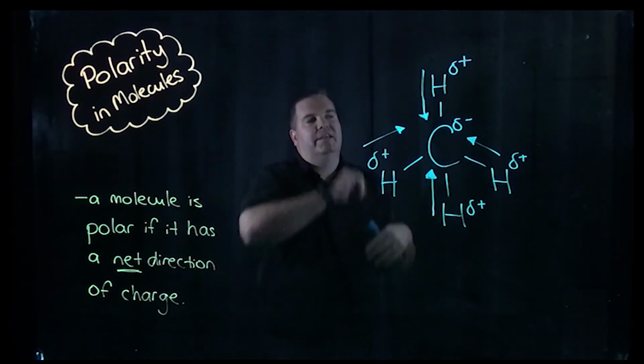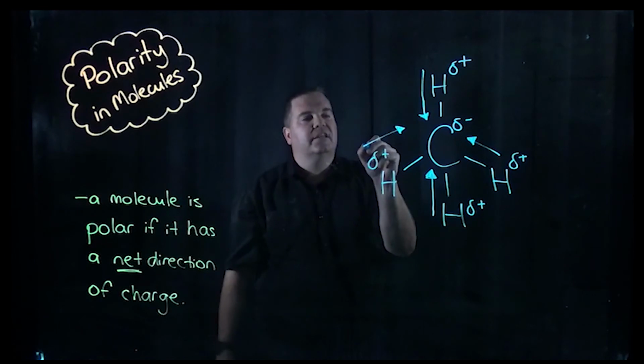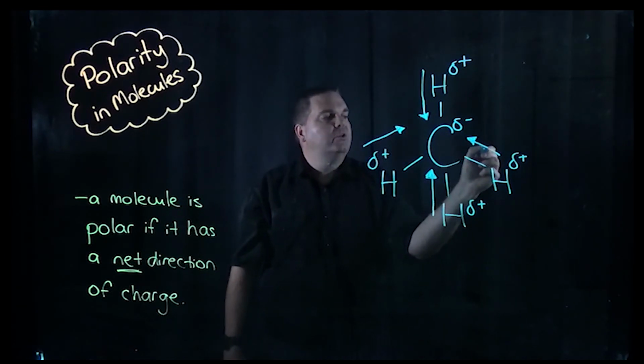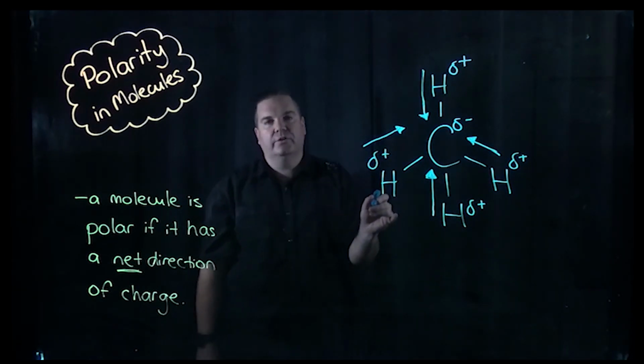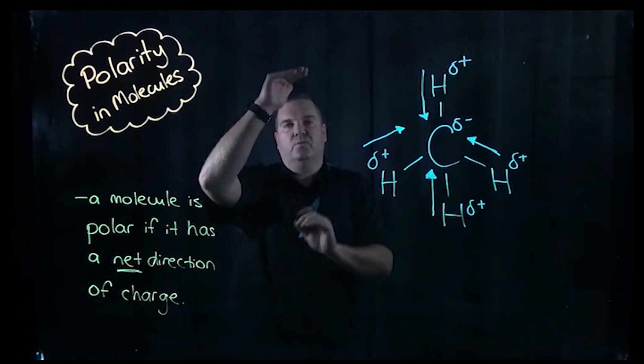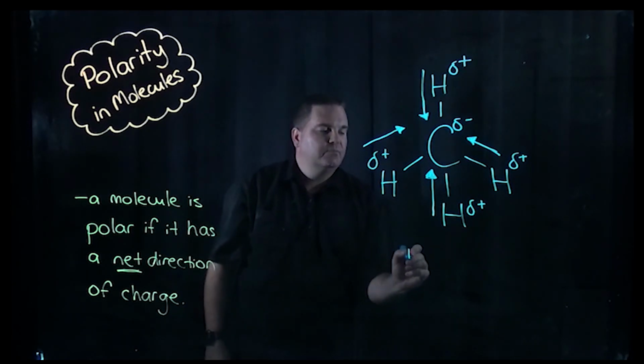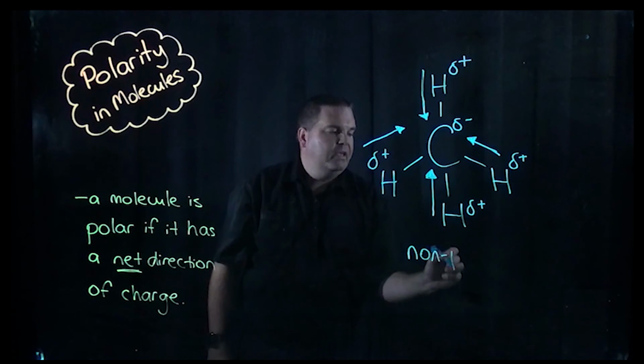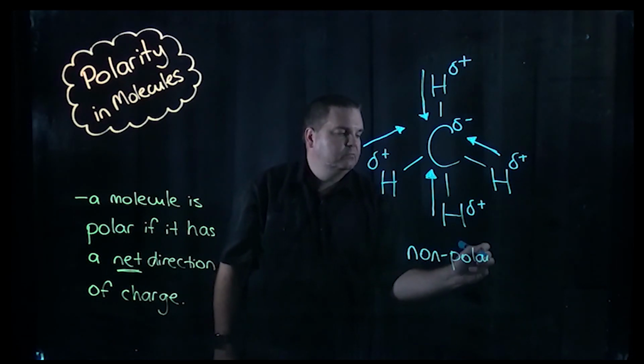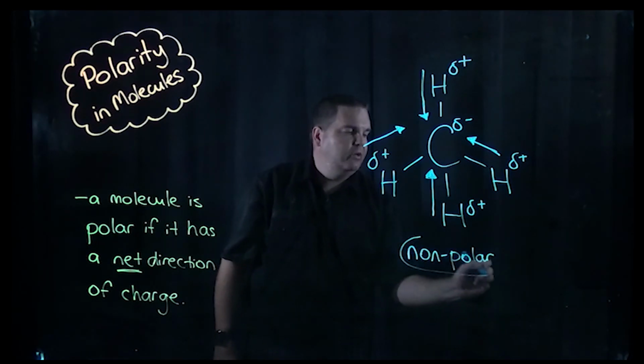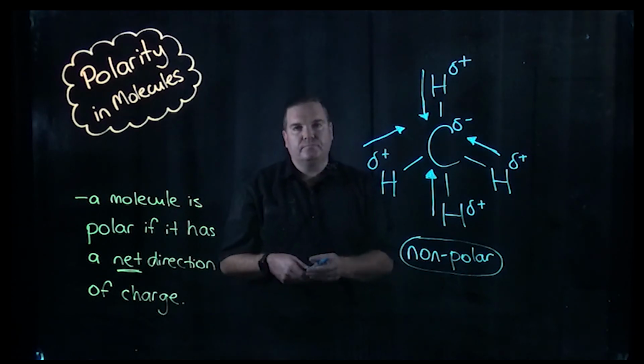So the top and bottom ones cancel out. These ones coming from the side cancel out as well. So we have no net direction of charge for this molecule. We can't find positives at one end, negatives at the other end. So this methane molecule is non-polar, because there is no net direction of charge in it.